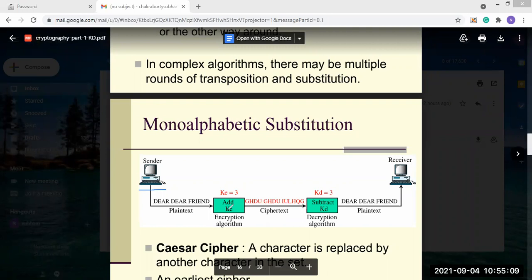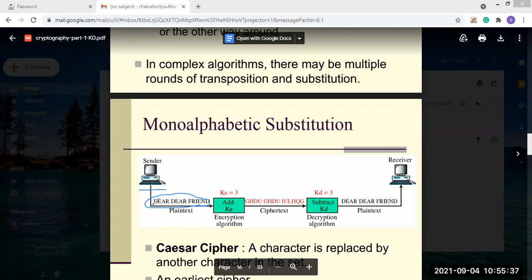After using the encryption algorithm, this message, dear friend, will be encrypted. Now, how can this encryption be done? Let's say the encryption is done with the first cipher that was introduced, the Caesar cipher.